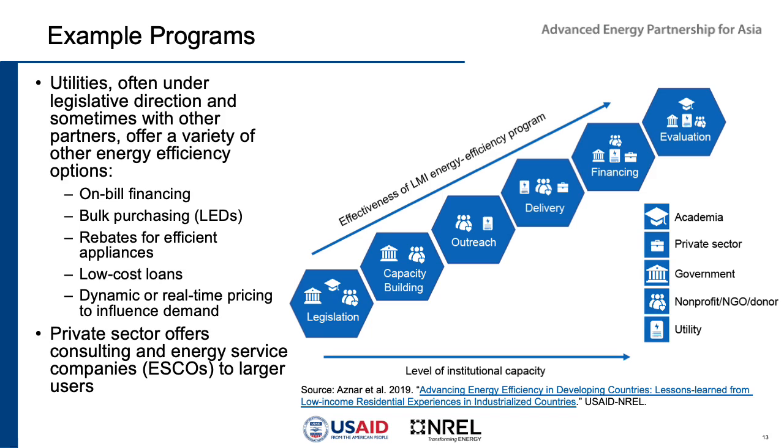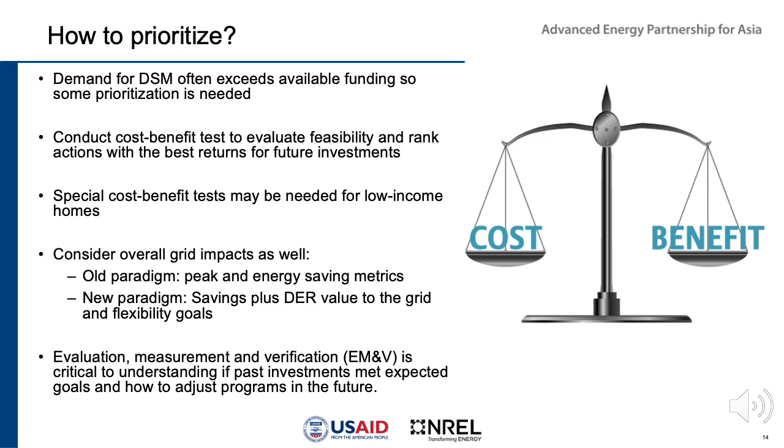Demand for demand-side management often exceeds available funding resources, so we must prioritize one project over another. How do we do this? Well, program administrators typically use cost-benefit tests to evaluate the feasibility of different energy efficiency or demand response investments, and then they can prioritize or rank projects that have the best returns.